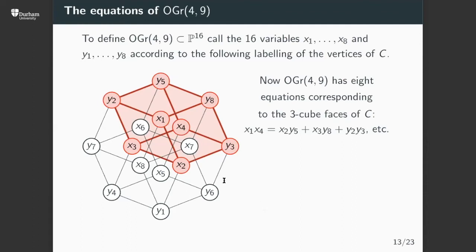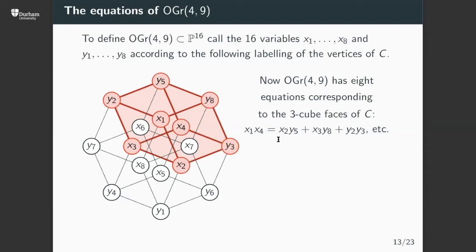So this red cube that I've drawn here corresponds to an equation, which is x1 x4 is equal to y2 x2 y5 plus x3 y8 plus y2 y3, which is just given by looking at antipodal points in this cube.